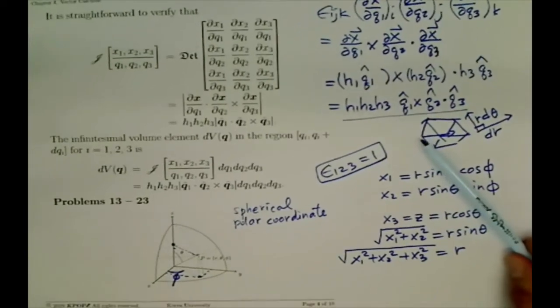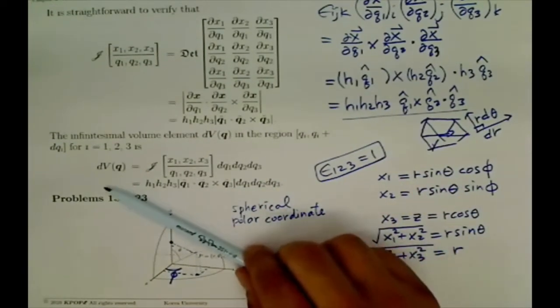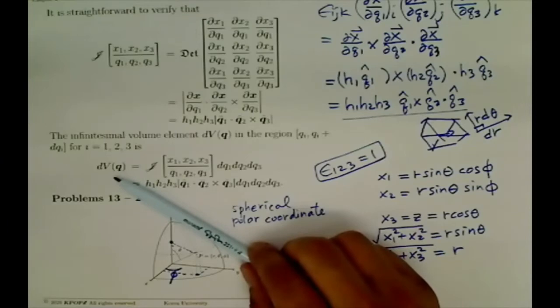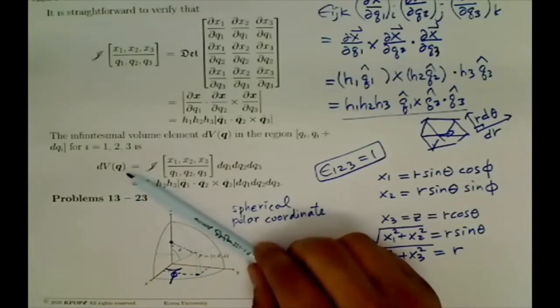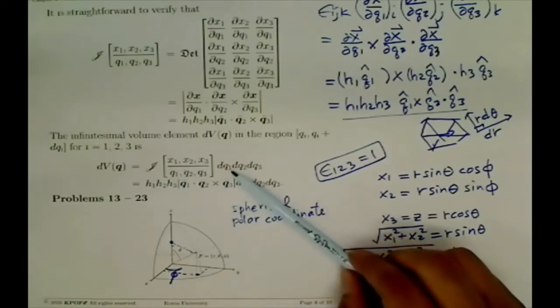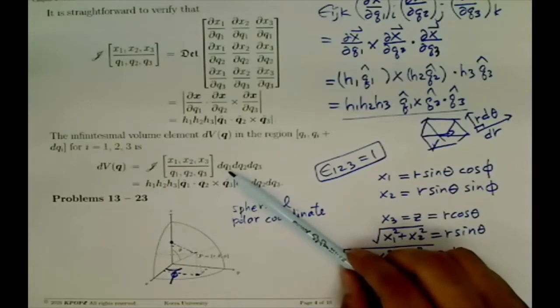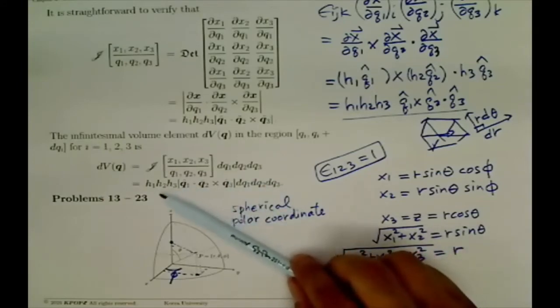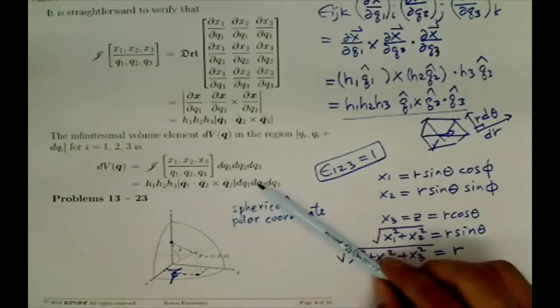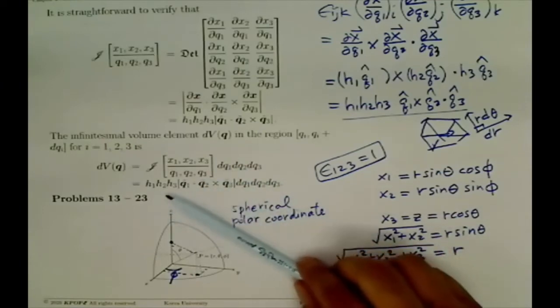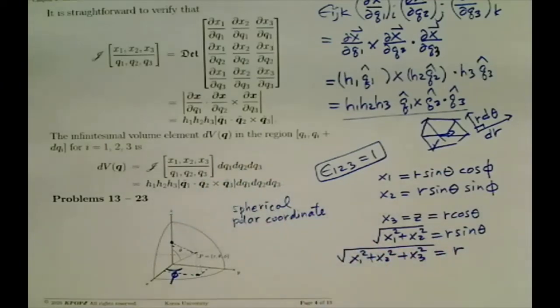Therefore, our final result for calculating volume in the curvilinear coordinate system is the Jacobian times dq1 dq2 dq3. Each coordinate has a scale factor h1, h2, h3, so the volume integral should be made by including these scale factors.